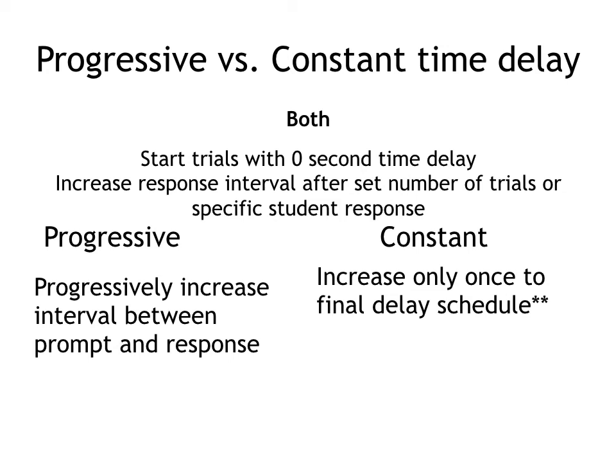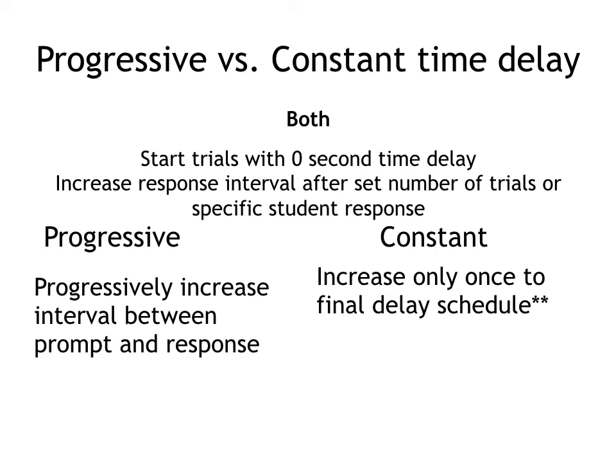They have 5 sessions at 0-second delay, and the next session they increase 1 second. So in summary, the teacher has 5 0-second delay, 5 1-second delay, 5 2-second delay sessions.